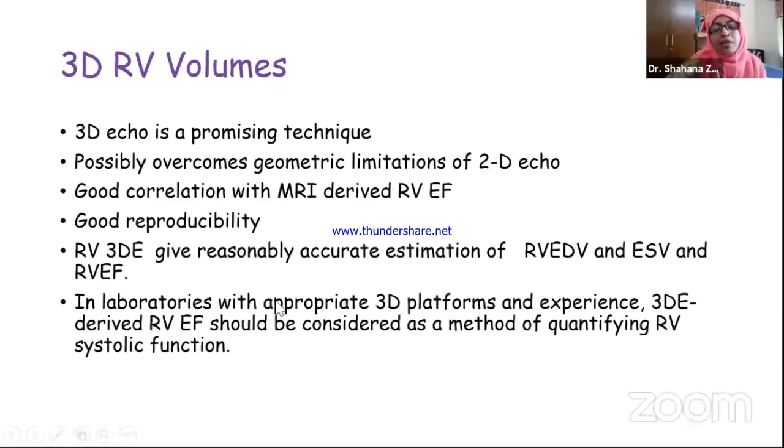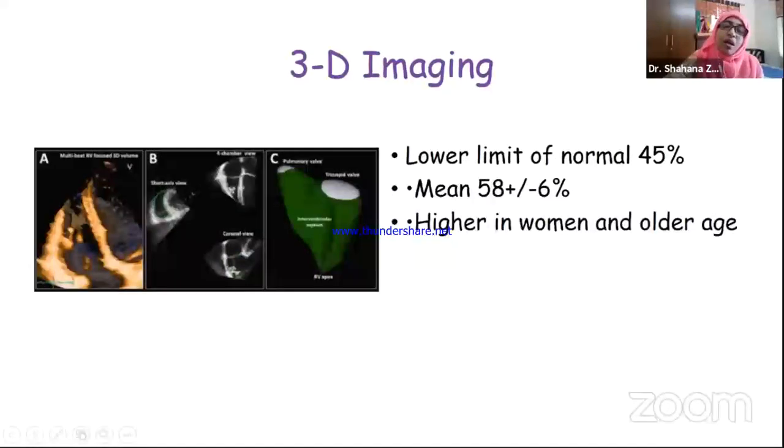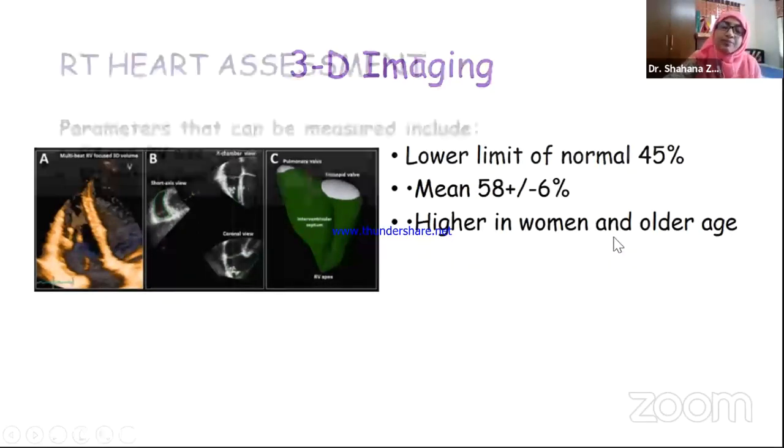In laboratories with good 3D platforms and experienced operators, 3D derived RV ejection fraction should be considered as a method of quantifying RV systolic function. The lower normal limit of RV systolic function in 3D is 45%, which is higher in women and older age.